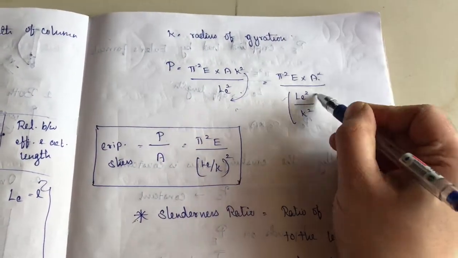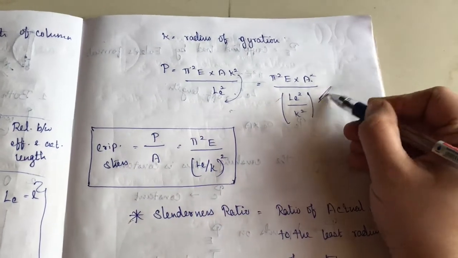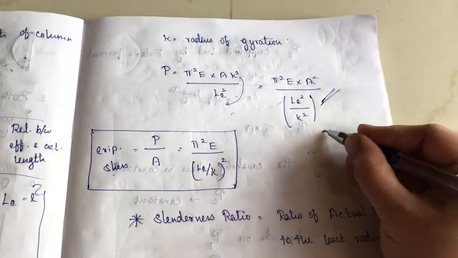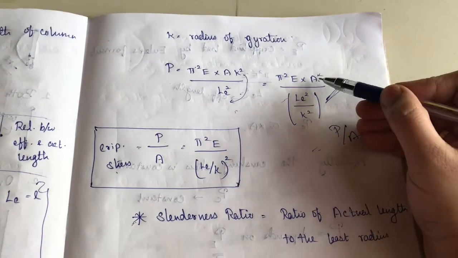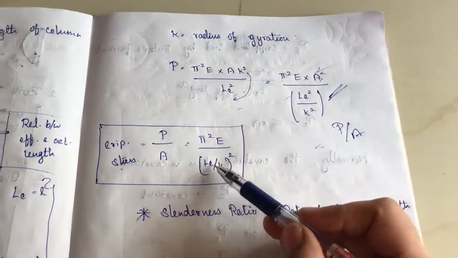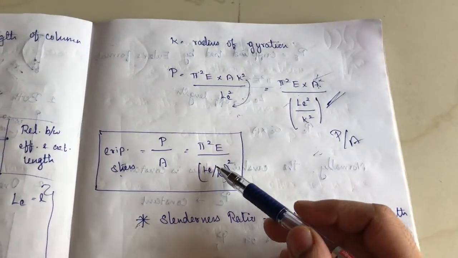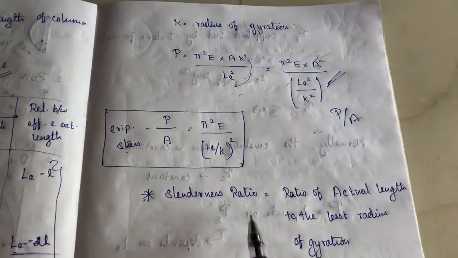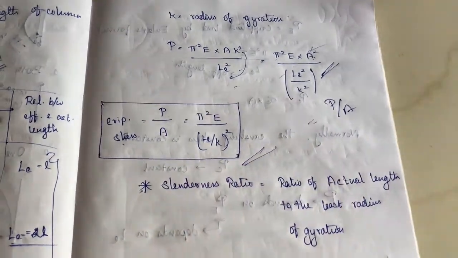Okay. So you will get like this. So this is the P. If you put it in the stress, P by area. So P already has the area, right? So just cancel it, and it is pi square E by this whole thing, where K is the radius of gyration. Okay. So this is the crippling stress.